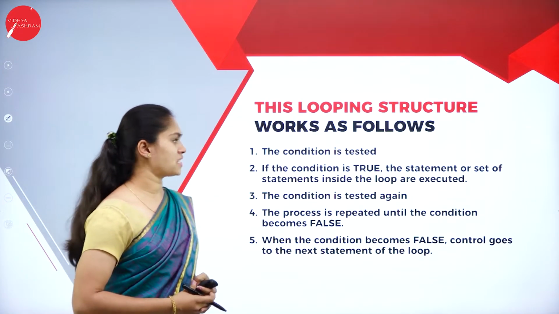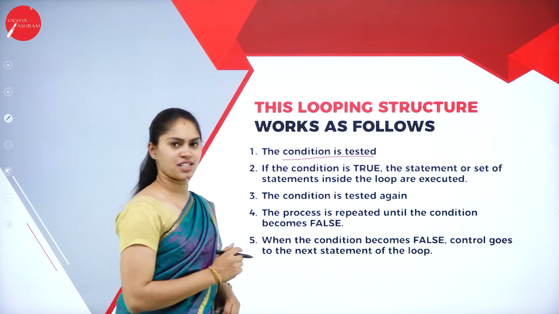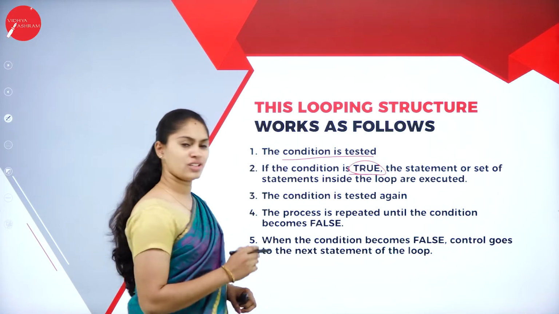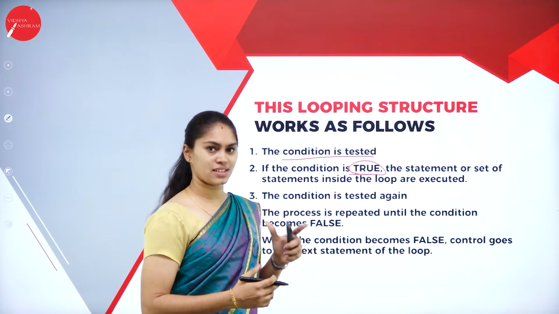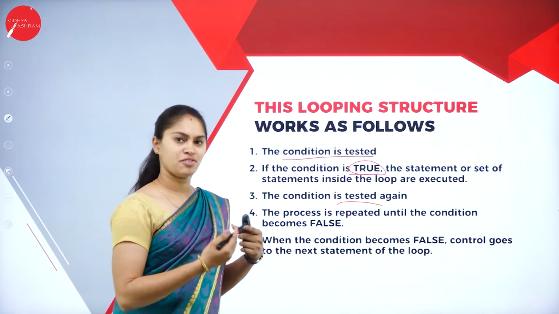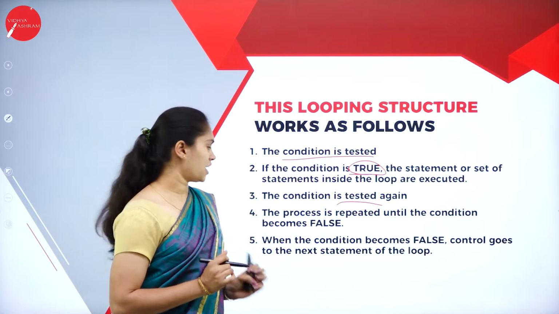The looping structure is as follows. The condition is tested first. Then if the condition is true, only then the set of statements will be executed within the loop. The condition will be tested again and again, and if it is true, then only the set of instructions will be repeatedly executed.